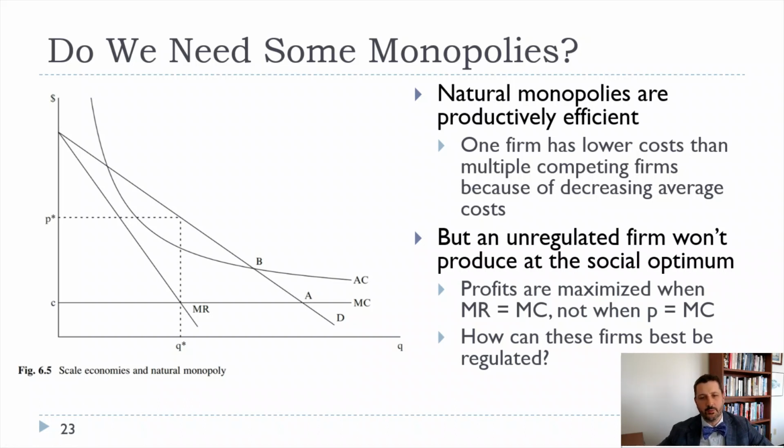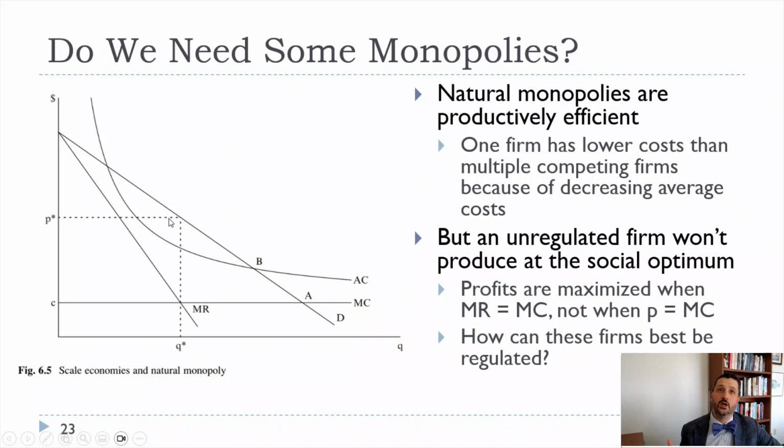And so the problem here is that we want to be where the price is equal to marginal cost, right? At C. That gives us our quantity. We would actually have to pay up here at the average cost, because price has to at least be equal to average cost for firms to stay in business. But if we have a monopoly, then they're just going to set marginal revenue equal to marginal cost over here, and then set the price on the demand curve up here.